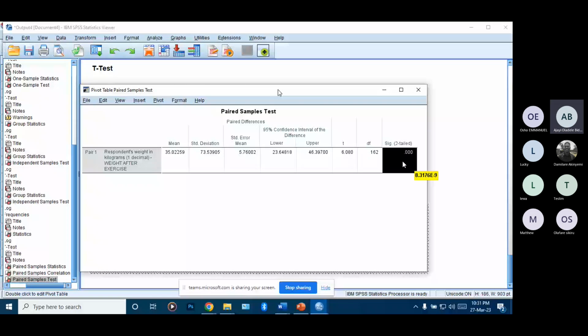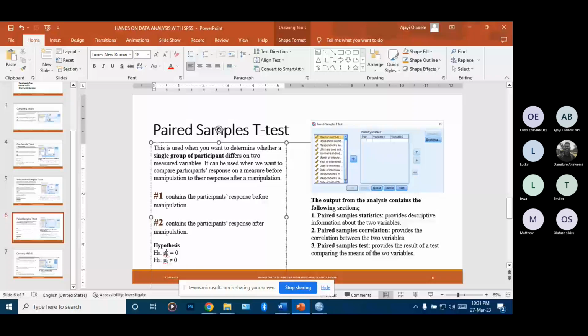Now, reject H0 if p-value is less than alpha. What is H0? H0 states that the mean difference is zero. That is, there's no difference between the before and after. Since p-value is less than alpha, we are going to be rejecting H0.